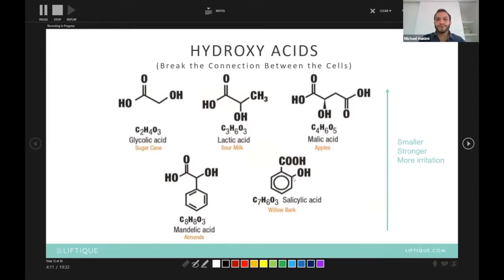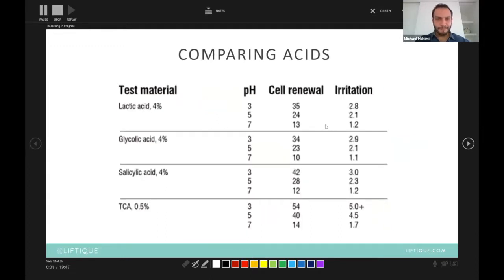I hope this puts in perspective how much benefit there is in these hydroxy acids. And we're going to come back because our products contain different hydroxy acids, and Julie and I are going to talk about it in a few slides coming up.